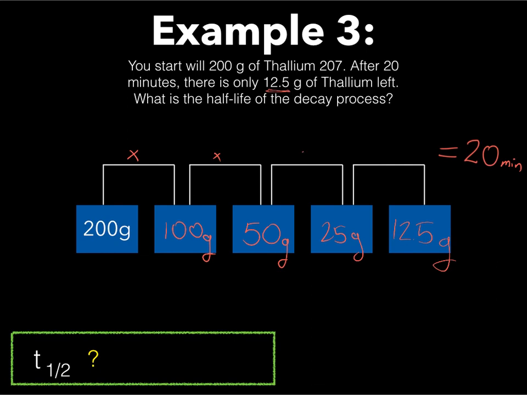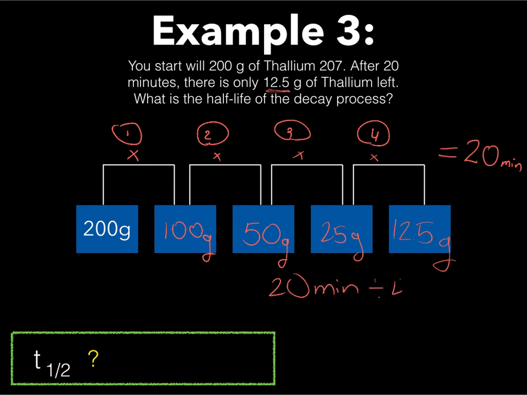You want to figure out how long this took. We know all this equals 20 minutes. So you can count how many half-lives you underwent: 1, 2, 3, 4. If you take 20 minutes and divide that by our total of 4 half-lives, each half-life is going to be 5 minutes. So our T 1/2 is going to be 5 minutes.